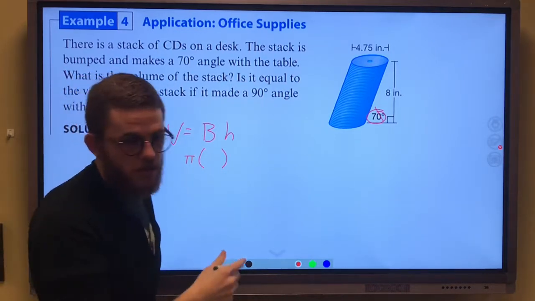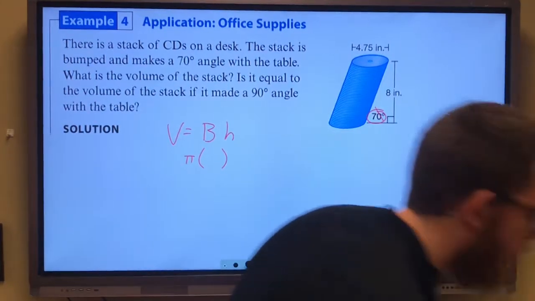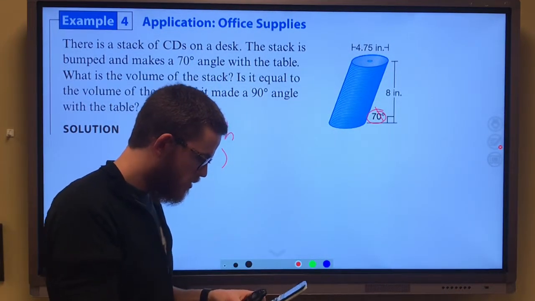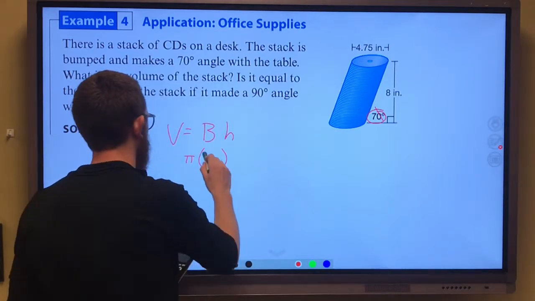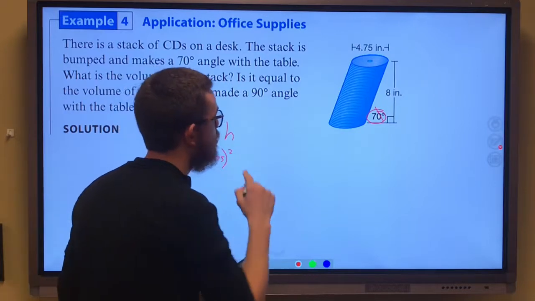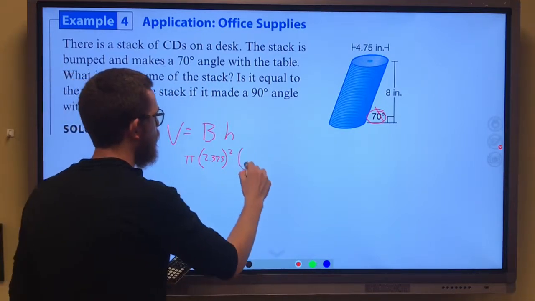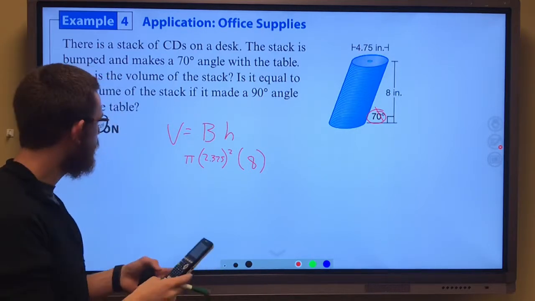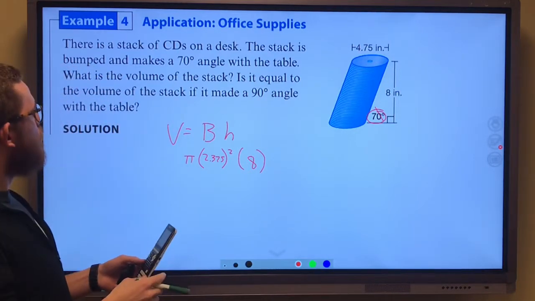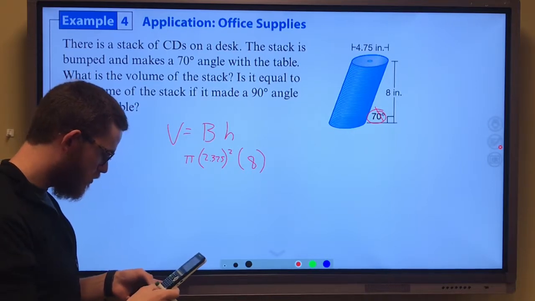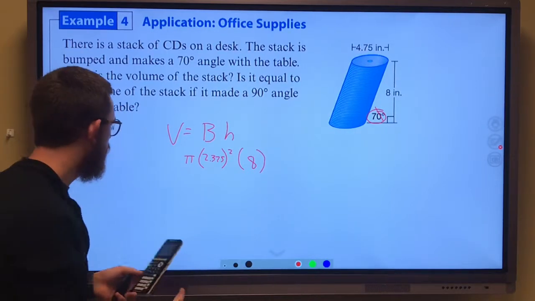Because the diameter is 4.75, I'm going to divide that by 2. 2.375 squared, which is our radius, times our height, which is 8. And we plug all this in.